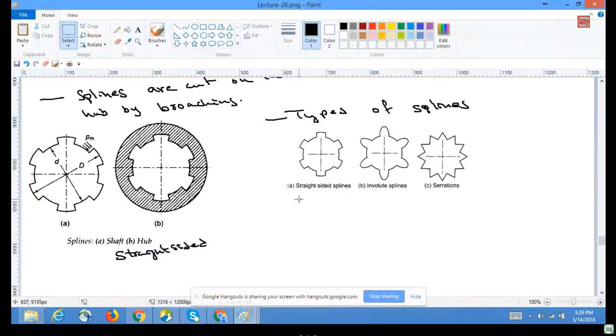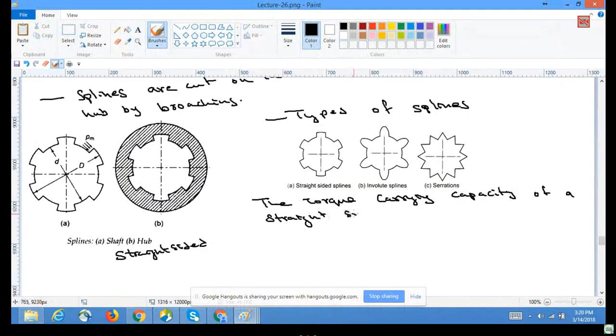So for that, let us look at the torque carrying capacity of straight-sided splines.